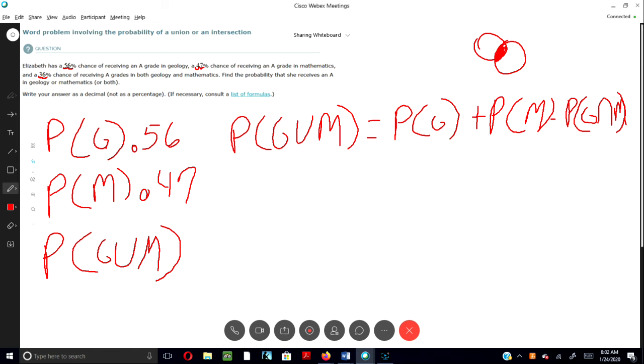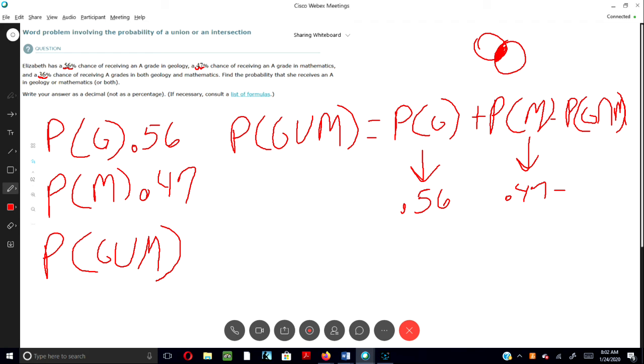All right, so now let's go ahead and plug in our numbers. They already gave us those numbers, so we're just going to write those in. The probability of her earning an A in geology is 0.56. Okay, and the probability of her earning an A in mathematics is 0.47 minus 36, or 0.36.